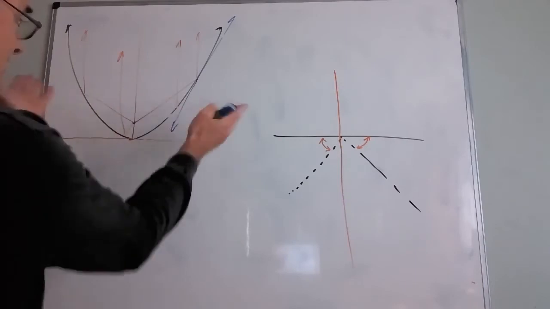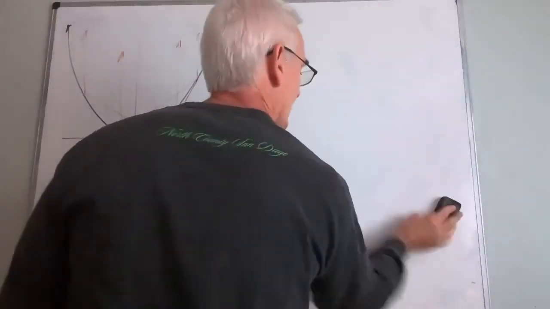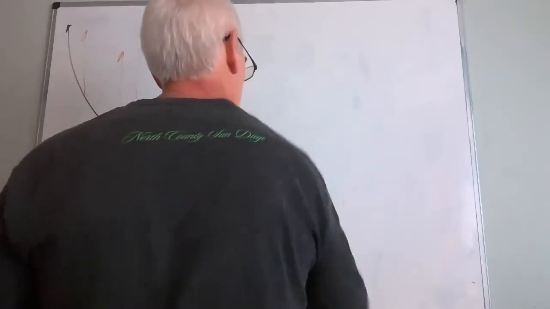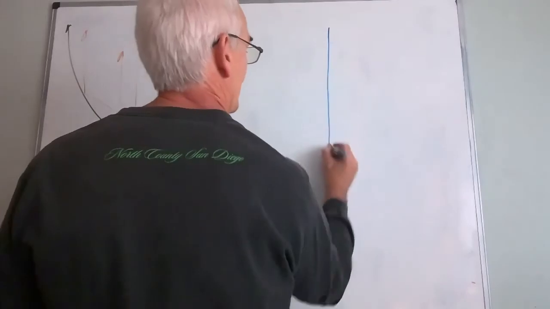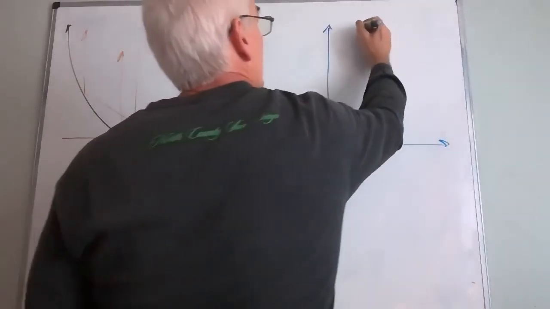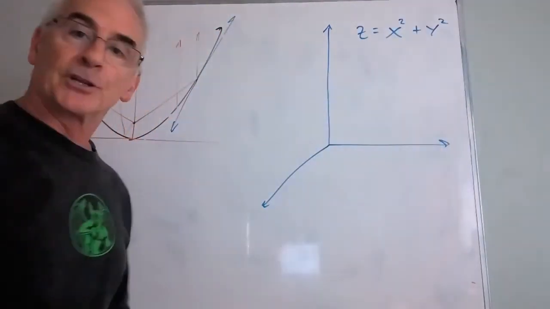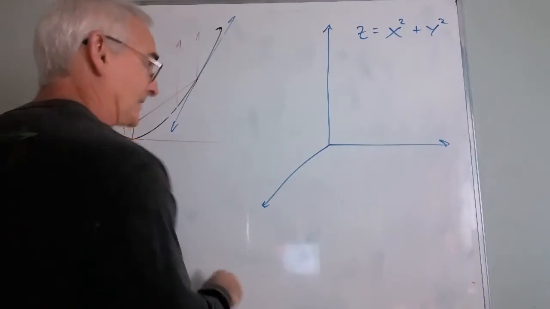So with this set, that's very interesting. Now here's the big thing. What if I create a shape that you're going to study a lot next semester? It's called a circular paraboloid.